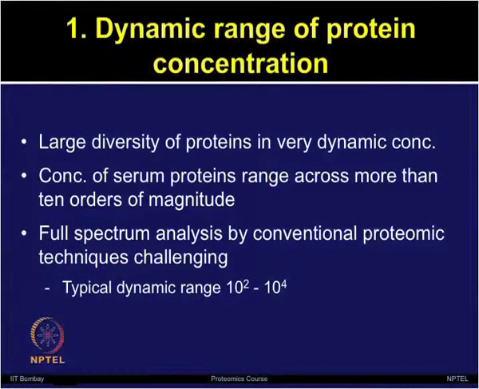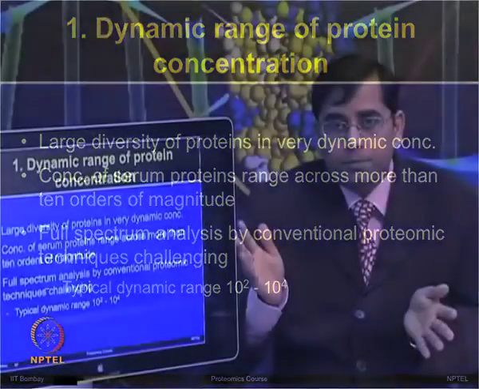If you want to obtain the full spectrum of serum or plasma by applying any of the conventional proteomic techniques, it is very challenging, because the typical dynamic range for any of these platforms will be much smaller, between 10 to the power 2 to 10 to the power 4.